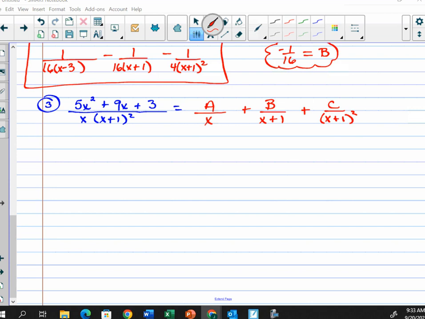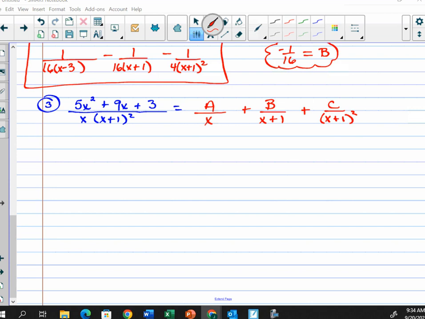Well, this time, because hopefully you used 0 and negative 1 already, you can't use 0 again, so you have to pick something else. You can use anything other than 0 and negative 1.